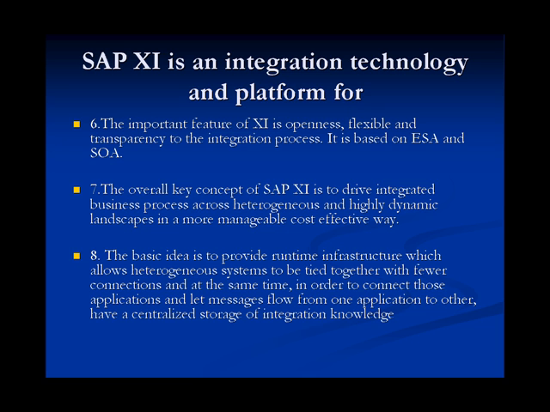The basic idea is to provide a runtime infrastructure which allows heterogeneous systems to be tied together with loose connections, and at the same time, in order to connect those applications and let messages flow from one application to another, have a centralized storage of integration knowledge.